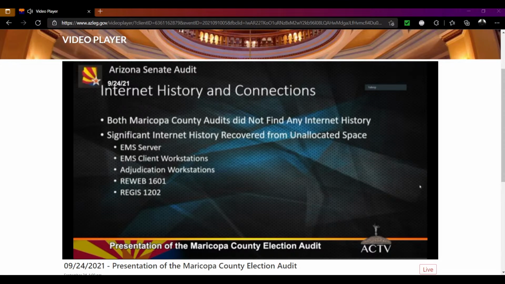So the allocated space is what you as a user see when you open up Internet Explorer or when you open up File Explorer. When you see that directory structure, that's allocated space.